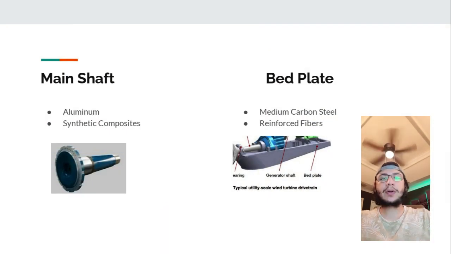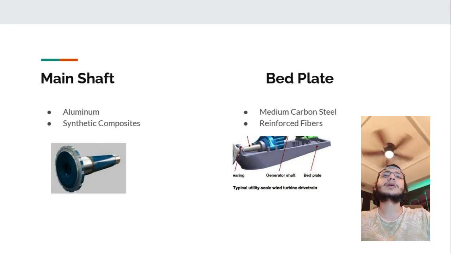For the material requirements of the main shaft, it will primarily be made of aluminum and synthetic composites to reinforce the shaft. The bed plate will use medium carbon steel and reinforced fibers to also in turn reinforce the bed plate.